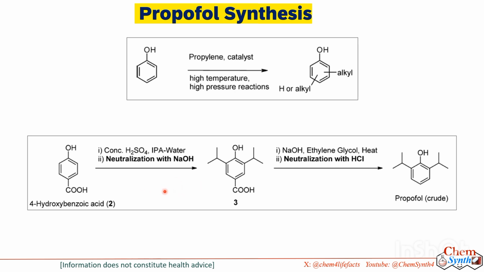Here the main advantage is as the para position of this phenolic group is blocked with carboxylic acid, so over alkylation is not possible. It is giving selectively alkylation at 2 position and 6 position. And after getting this molecule, base mediated decarboxylation will lead to the final product formation.